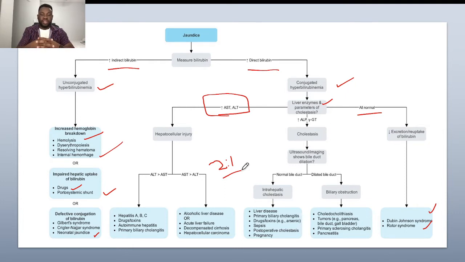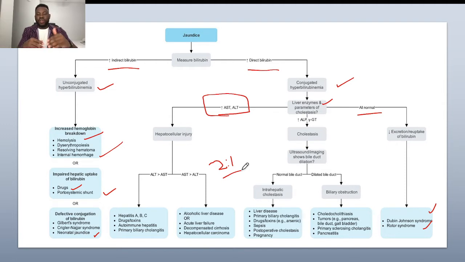I can explain this in a little bit, in that AST is mainly in the mitochondria, but ALT is only in the cytoplasm. AST is in the mitochondria and the cytoplasm.